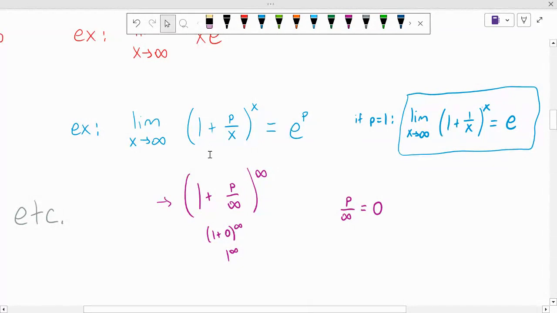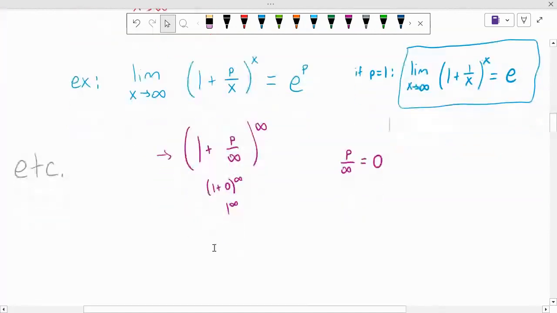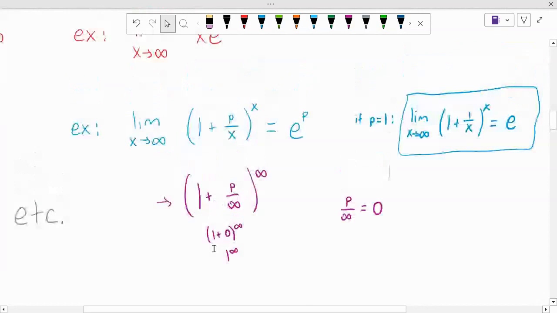Now, someone asked the question, isn't 1 to the infinity equal to 1? The reason why we consider 1 to the infinity indeterminate is, again, since we're working with limits, we don't have an actual 1 being raised to an actual infinity.